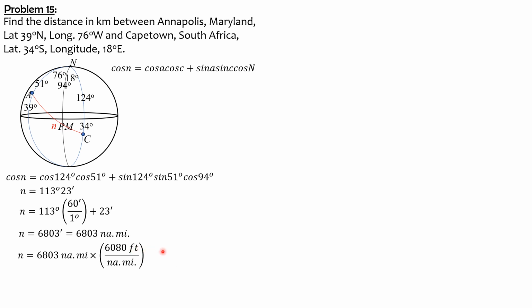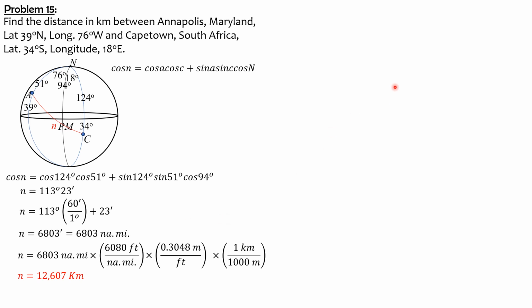But 1 meter is 3.281 feet, or 1 over 3.281 is 0.3048. So 0.3048 meter per foot. And times 1 kilometer per 1,000 meters. So the units now are in kilometers. Using your calculator, N is 12,607 kilometers.